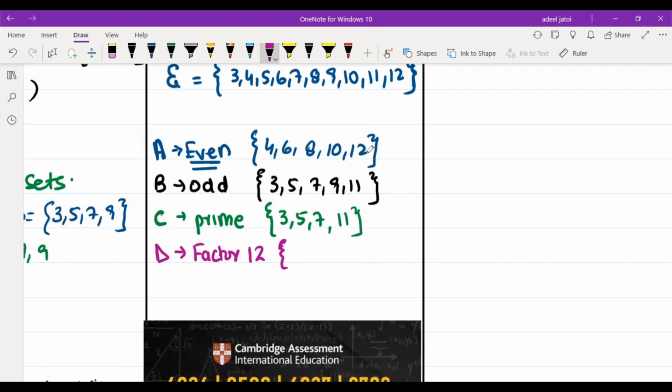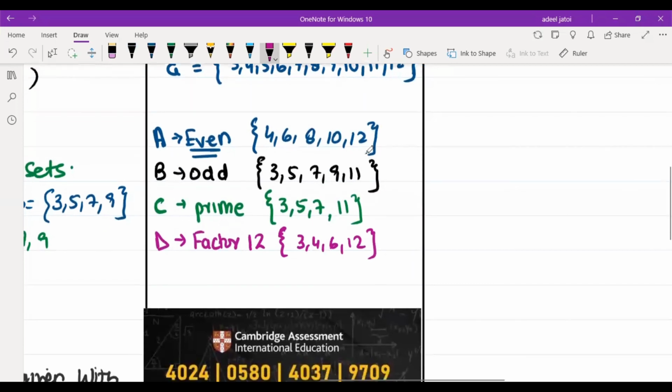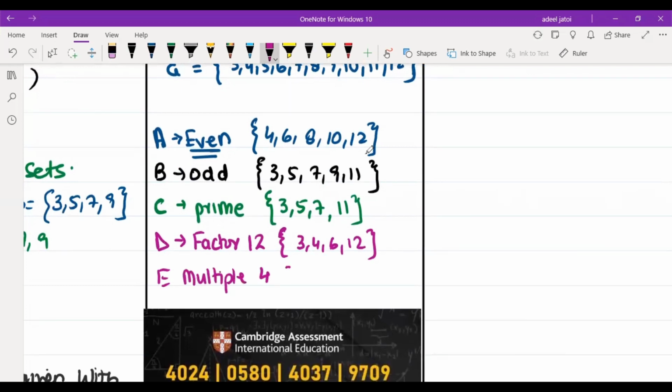That means any number that divides 12, or the 12 comes in which table? 3, 4, 6, and 12 itself. Then multiple of 4. That means 4 table, 4, 8, 12.